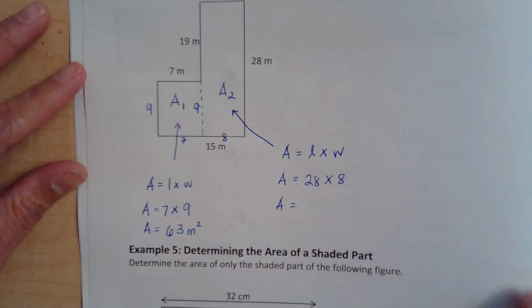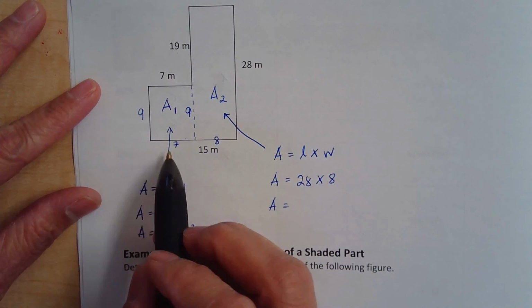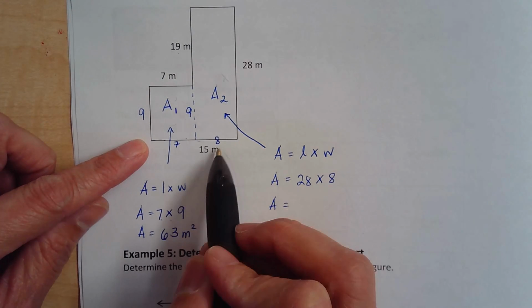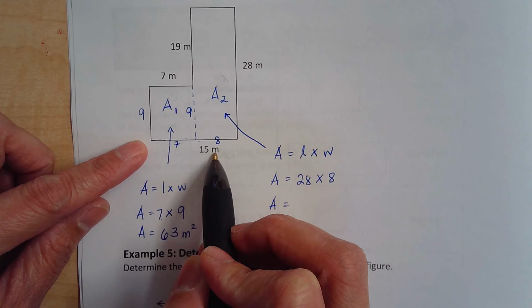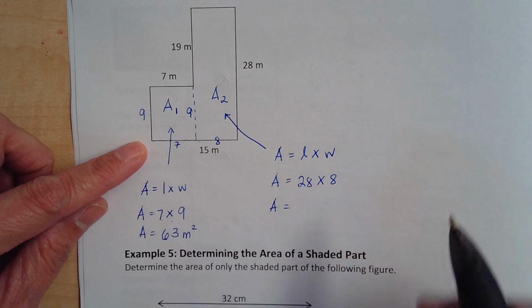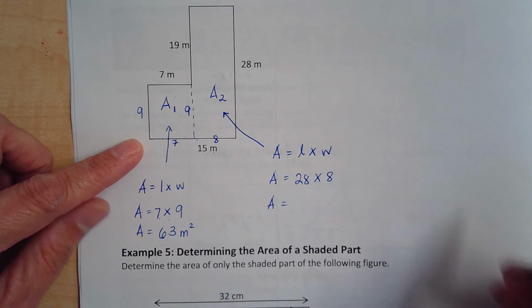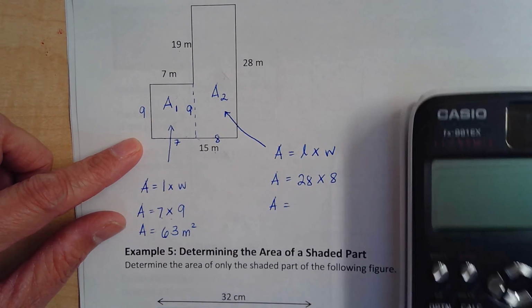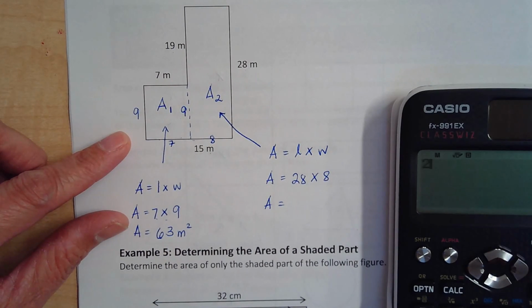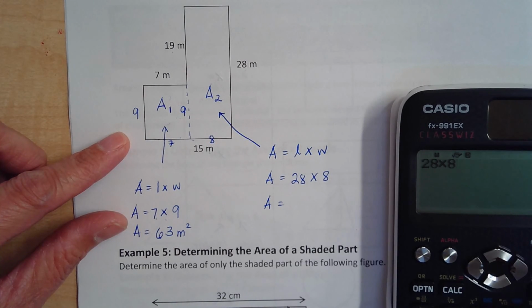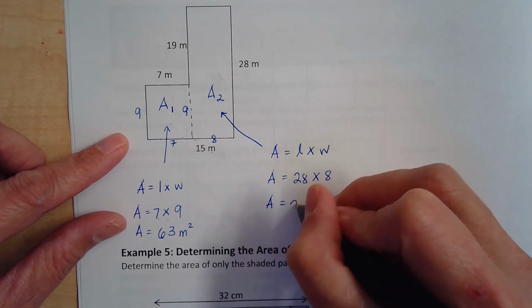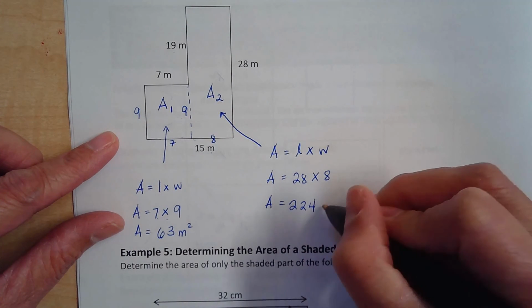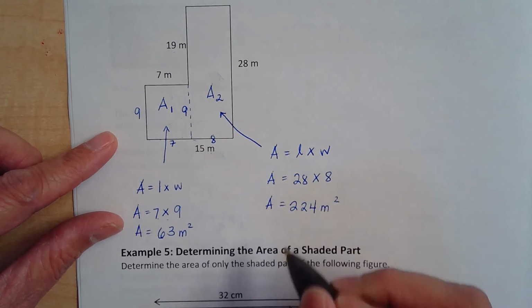So 7 plus something will give you 15. 7 and 8 will give us 15. So 28 times 8 is going to be 224 meters squared. That's area 2.